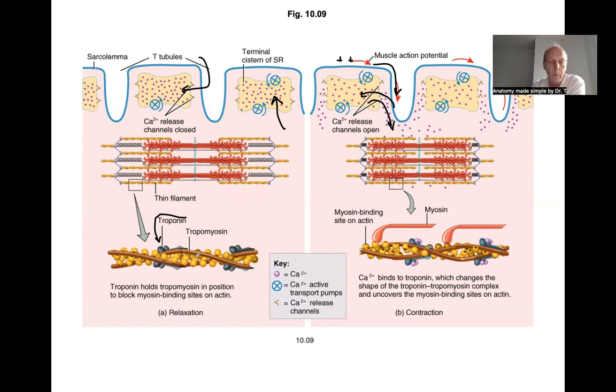Troponin holds tropomyosin in position to block the myosin binding sites. But when calcium binds to troponin, it changes the shape of the troponin-tropomyosin complex, and it uncovers myosin binding sites of actin. That is the kind of scenery or stage that we have to set in order to ensure that cross bridges can be formed, just like the north and south poles of magnets will stick to each other.